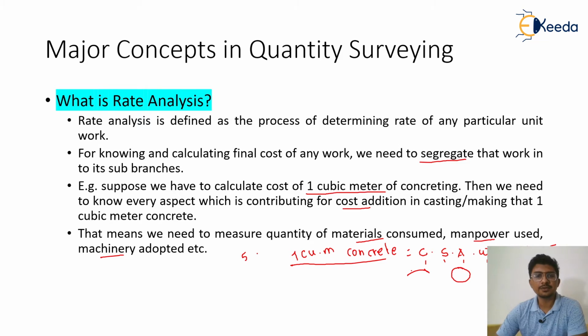Based on that we need to know the bifurcated cost of every item: how much cement I used and at what cost, how much sand, how much aggregate, any admixture used, machinery adopted, and manpower used. All these things are included in a rate analysis. Finally, rate analysis is a minute bifurcation of everything that you are using for calculating that huge quantity.